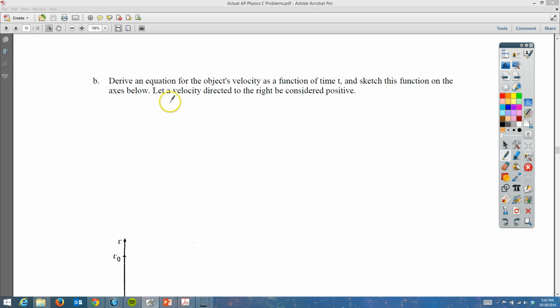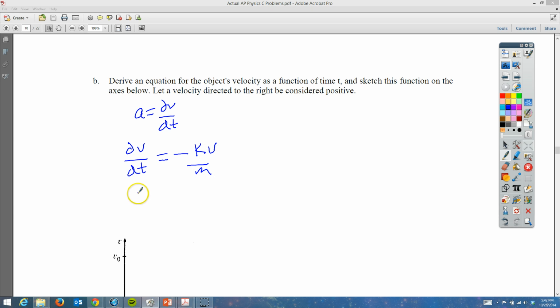For this one, we know that acceleration is equal to dv over dt. That's just the definition of acceleration. From what we did before, dv over dt is equal to negative kv all over m.